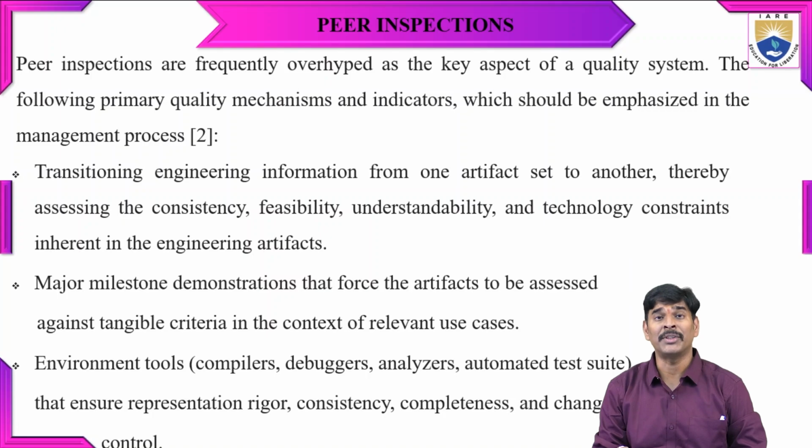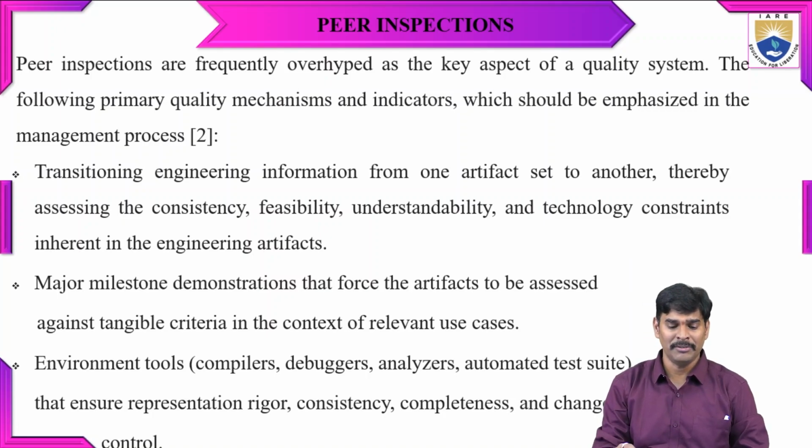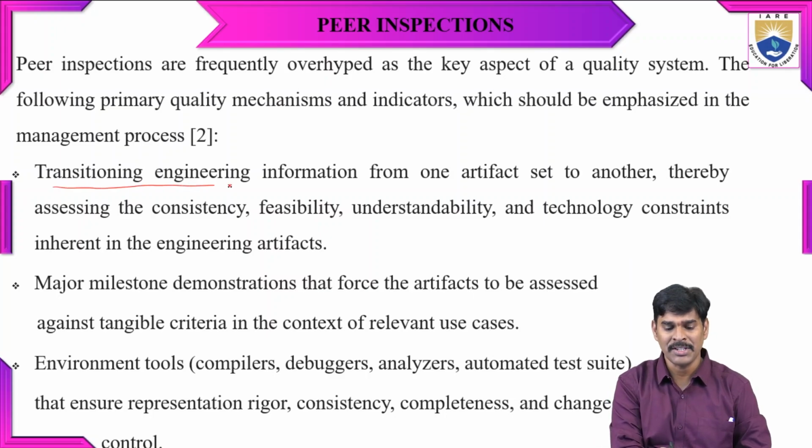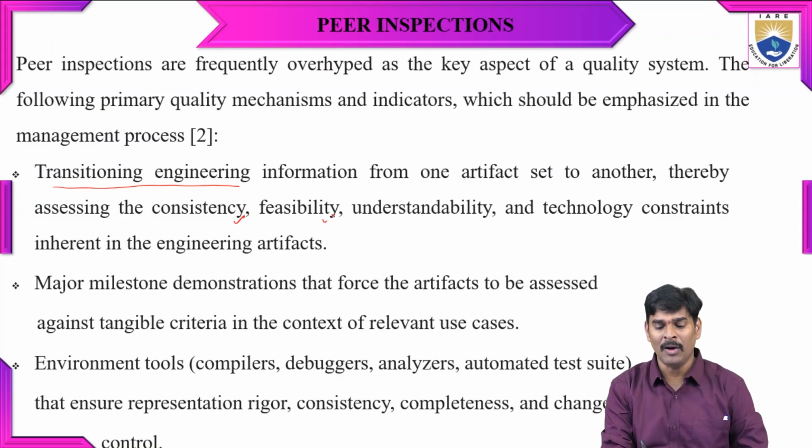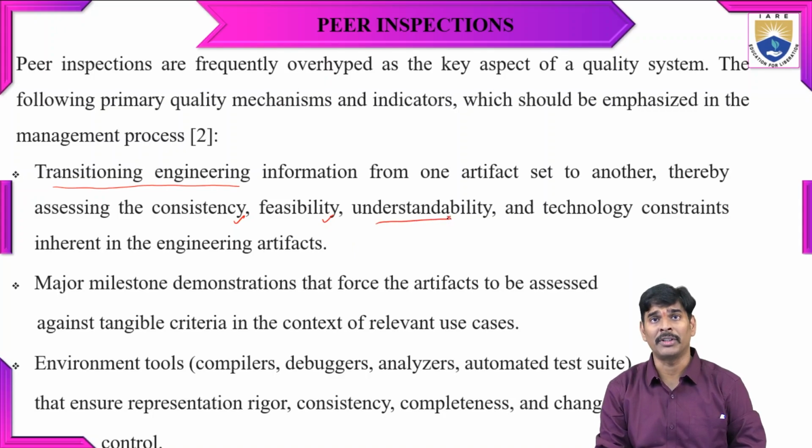We have different types of quality mechanisms and indicators. Here we have transition engineering. This transition engineering is mainly used to convert from one engineering artifact to another, so that they can check the consistency of the product or software, how much feasibility there is, the understandability of the software or product, and the technology used in the engineering artifacts.